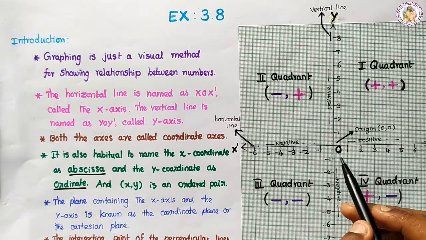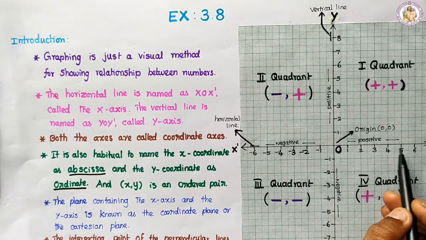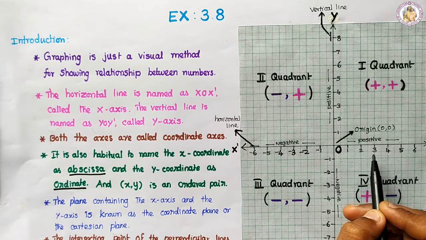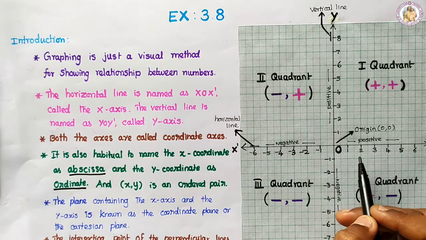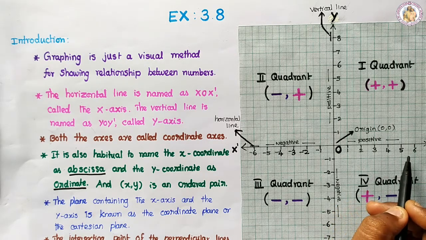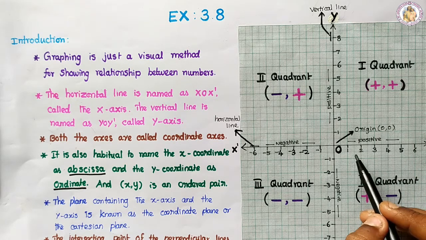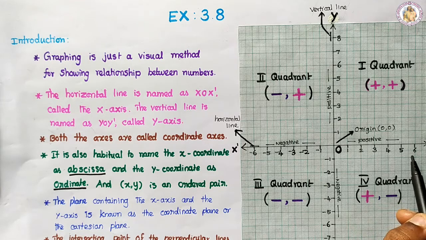And then the x-axis. To the right of O are the positive numbers 1, 2, 3, 4, 5, 6, 7, etc. These are the positive integers.